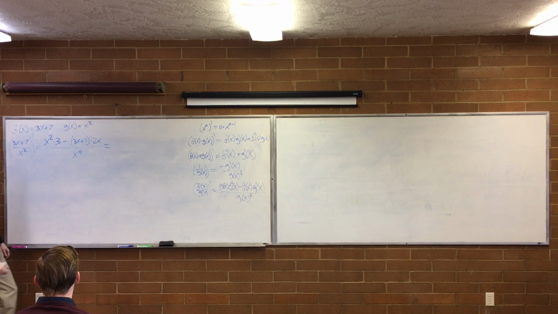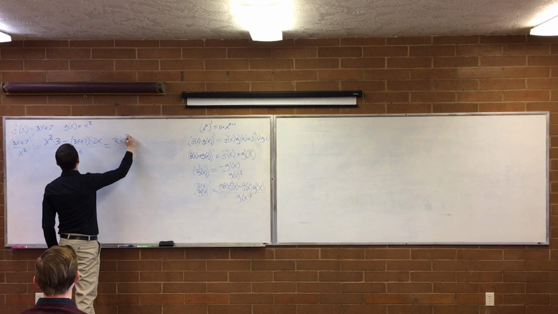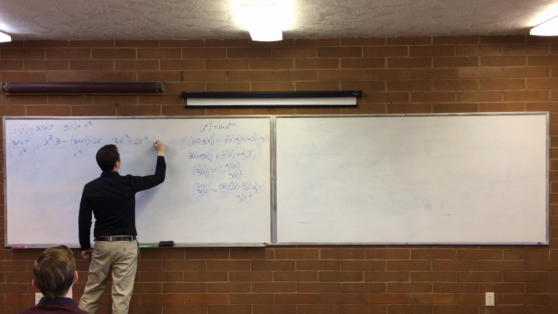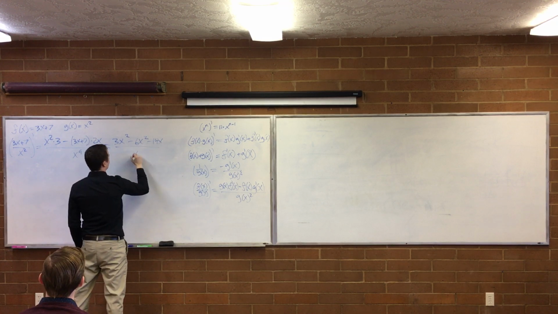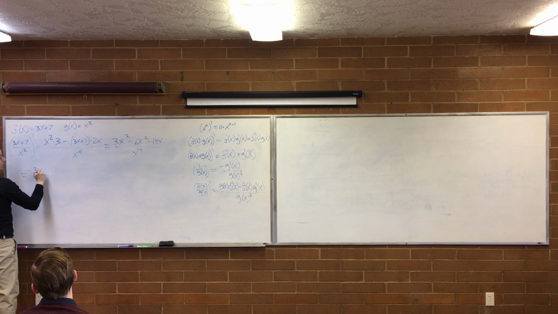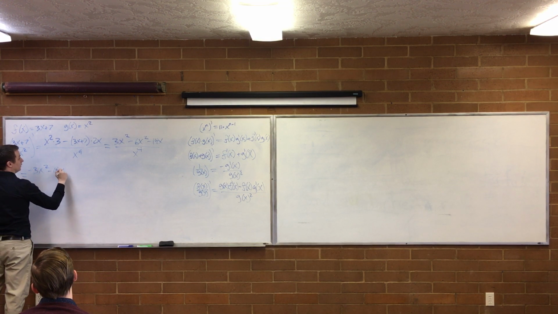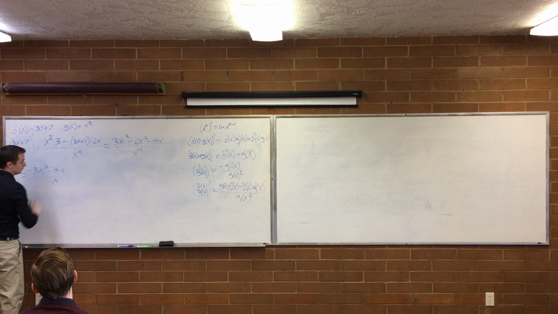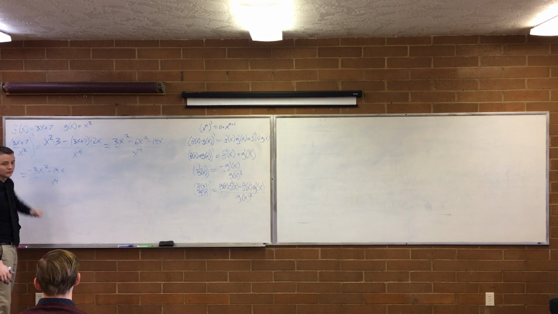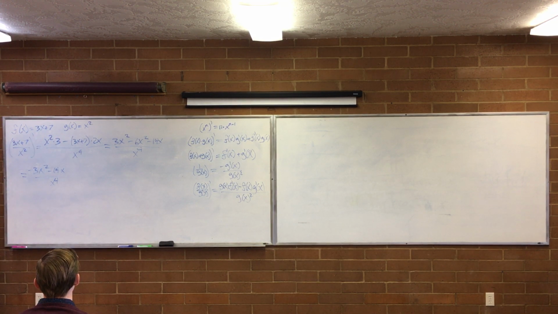So that's going to give us 3x squared minus 6x squared minus 14x over x to the 4, which is going to give us negative 3x squared minus 14x all over x to the 4. Okay. So that's its derivative. Sorry, that's the derivative of this over this. So I say use the rules.